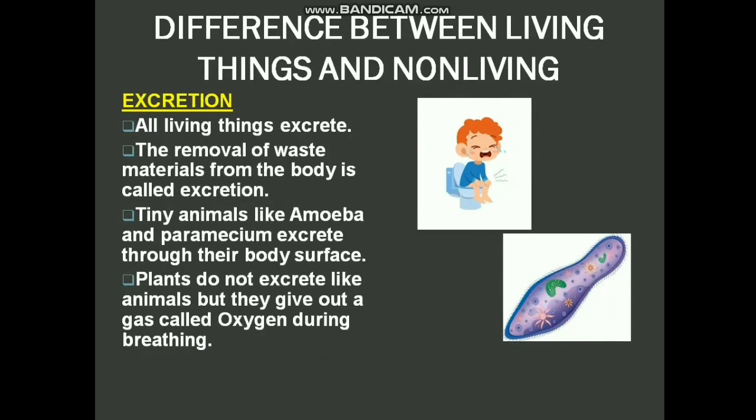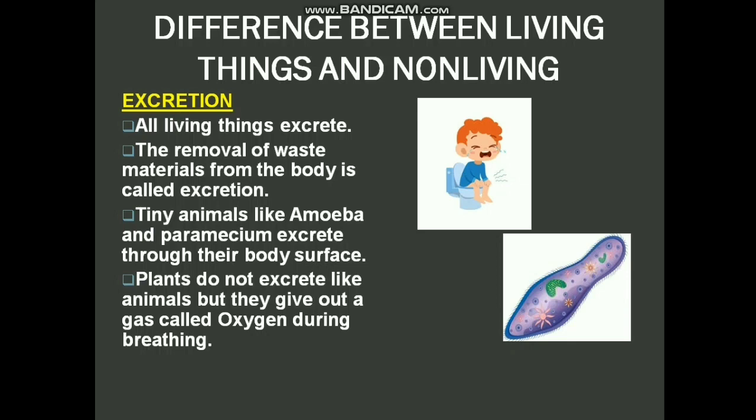Now the last difference is on the basis of excretion. All living things excrete. I already told you the meaning of excrete: removal of waste materials from the body is called excretion. Tiny animals like amoeba and paramecium excrete through their body surface.